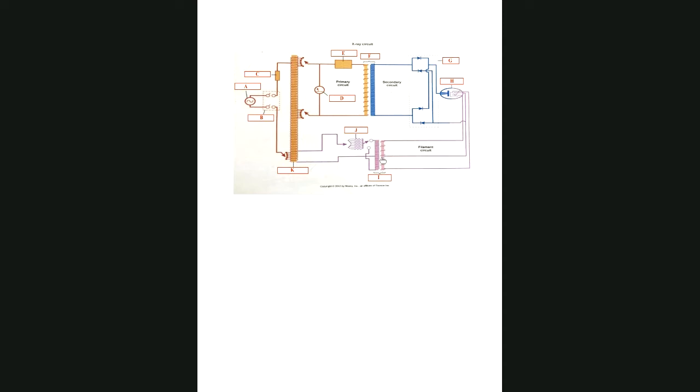But what we're basically saying is when we set the mA and time at the control console, we're actually stating the quantity of projectile electrons that we want to travel from cathode to anode.